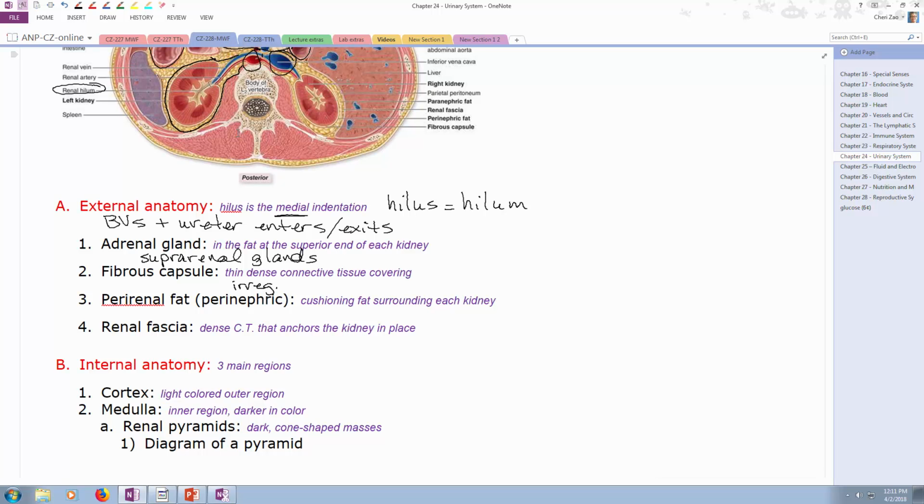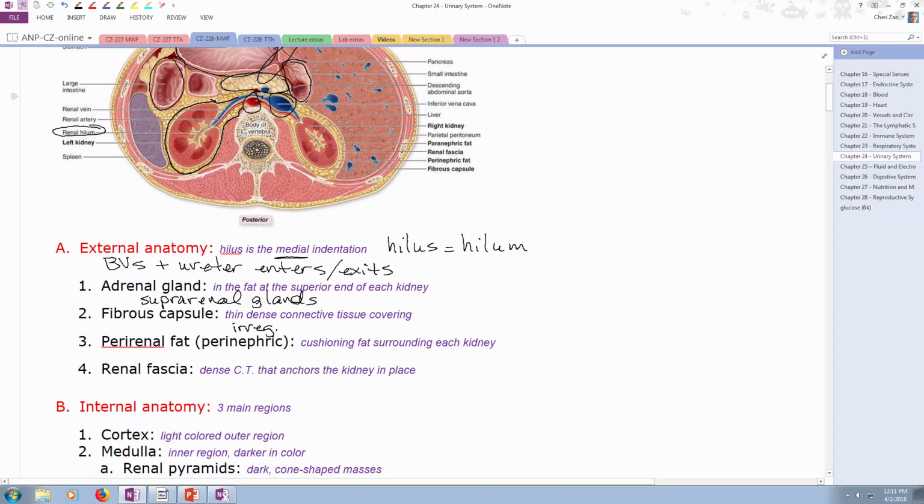We're going to look at the internal anatomy, but we can actually go back to our cartoon and still talk about the anatomy internally from this cartoon itself. What is this area of the kidney called? Cortex. Excellent. And so then the medullary area would then be right adjacent to that.